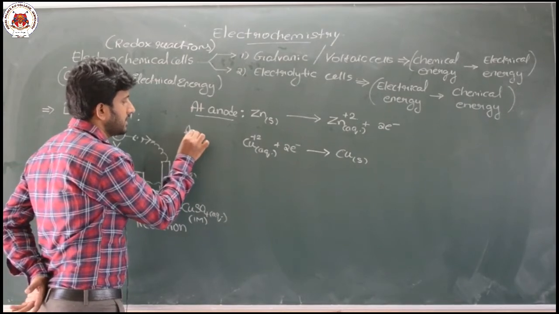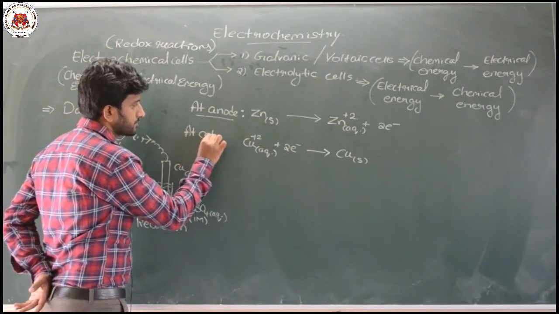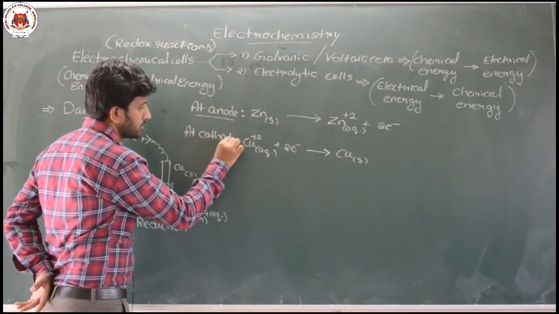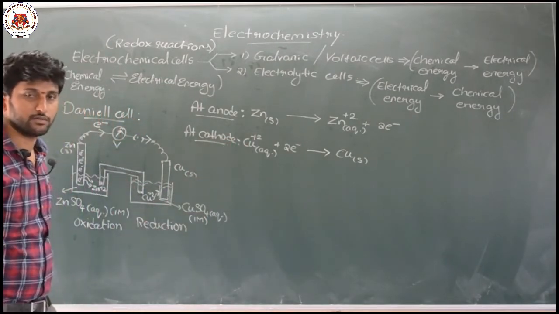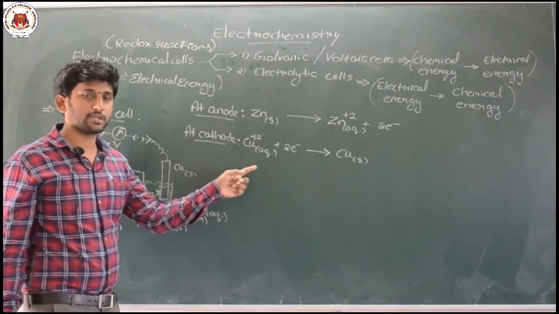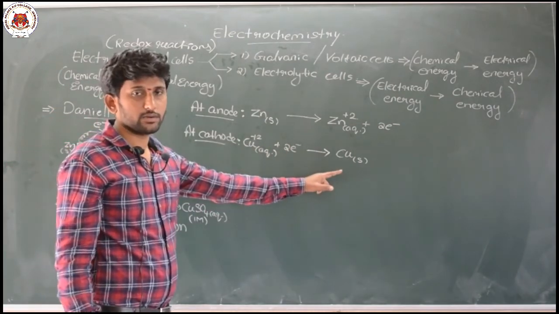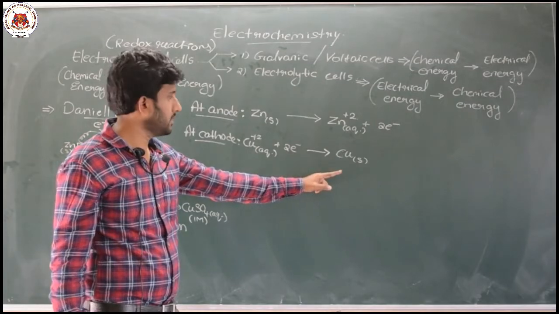Similarly, I am writing here at cathode. At cathode what should happen? Basically reduction. Which reduction here? Copper plus 2 ions reduction to copper atoms, right?